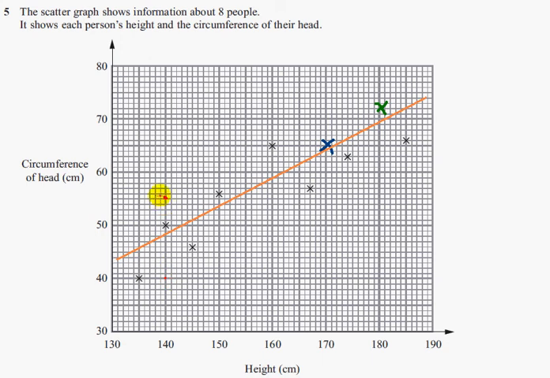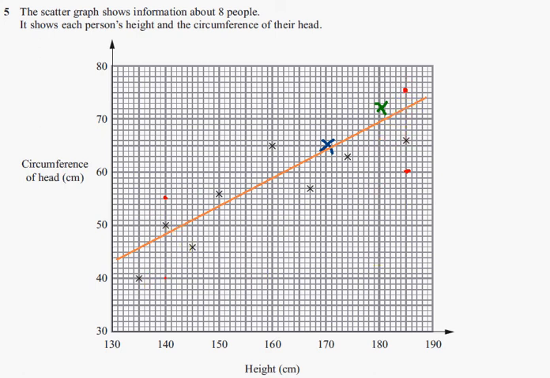And also between 185, 60, which is there, and 185, 75. So I'm pretty safe where I've put my line of best fit. Okay, anywhere in between those 2 red dots you would get that 1 mark.